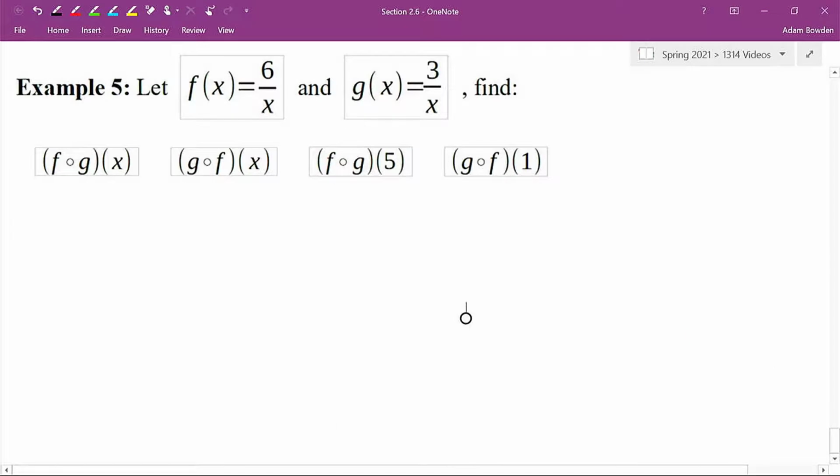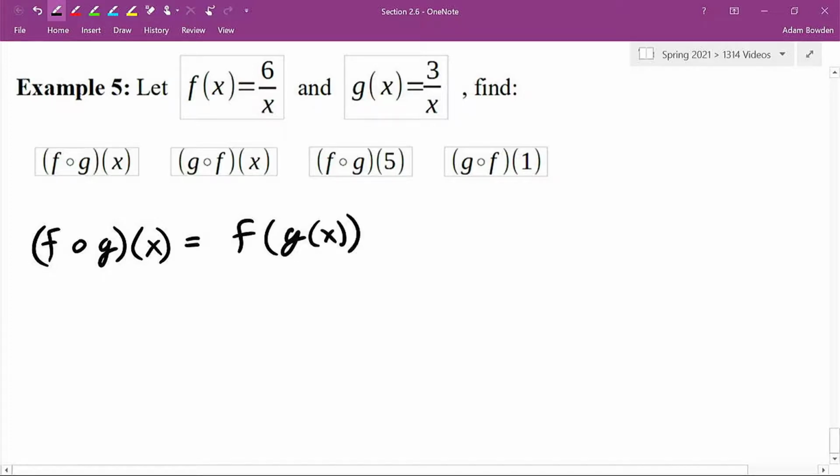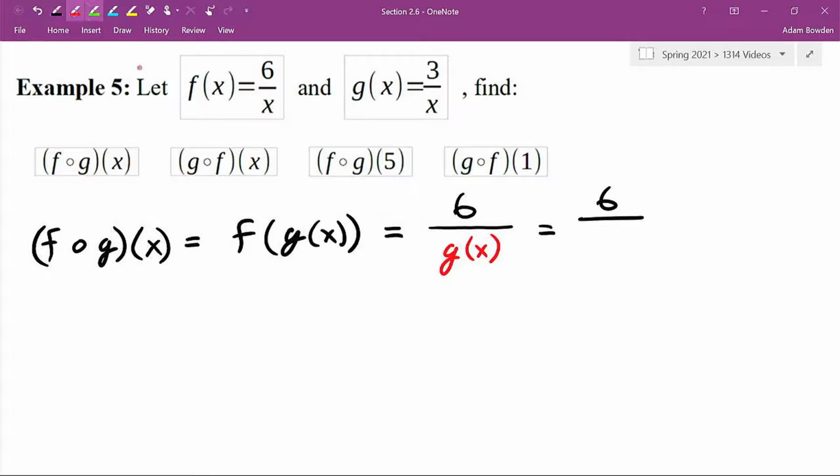A couple other functions here. We'll do the composition of these as well, starting with f composed with g, f circle g of x, which means f of g of x. If we put together f of g of x, we're going to have to take the f of x function, which is 6 over x, but where x was located originally, g of x will go in its place. So what that would look like is 6 over 3 over x.